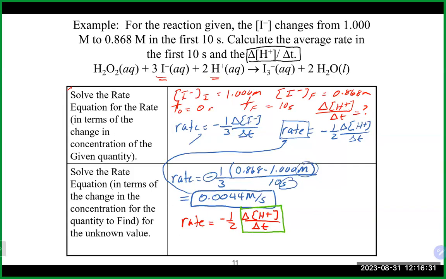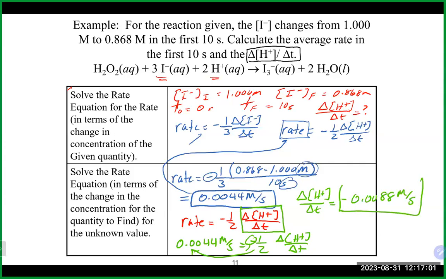So 0.0044 molar per second will equal my minus 1 over 2 times the change in the concentration of H plus over the change in time. I'm going to multiply the 2 and also the negative to the other side. That will give me that the concentration of H plus over time is changing at minus 0.0088 molar per second. Yes, in this particular case.